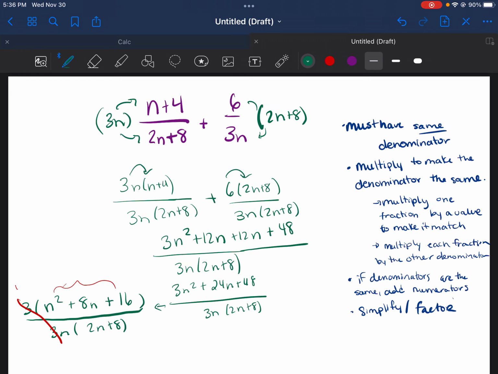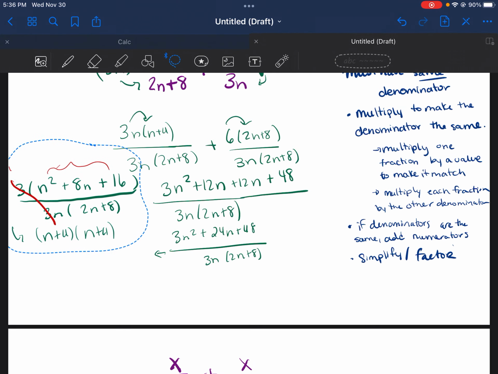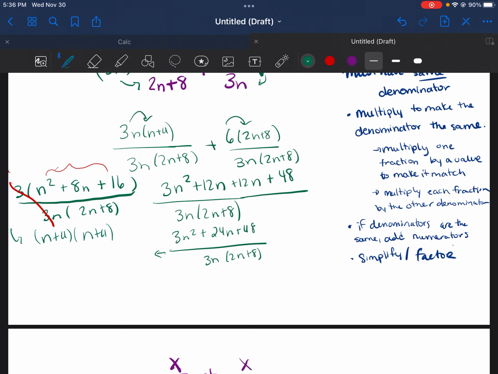So n squared plus 8n plus 16 is going to be n plus 4 times n plus 4. Move all of this up. So n squared plus 8n plus 16 is the same as n plus 4 times n plus 4.